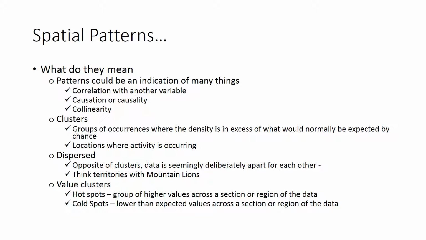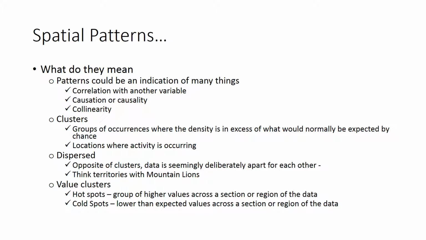Other things we come across are value clusters. These would be things like hotspots. These are groups with higher values across a section or region of your data. And cold spots, which are the opposite. These are lower than expected values across a section or region of your data.